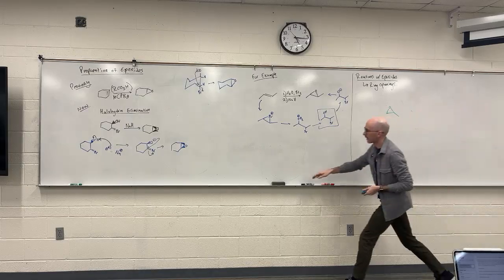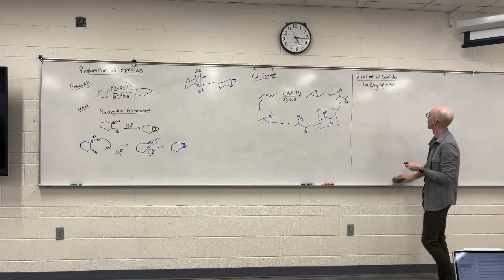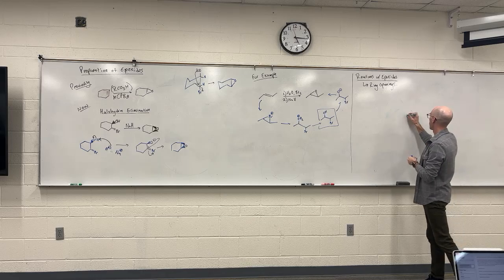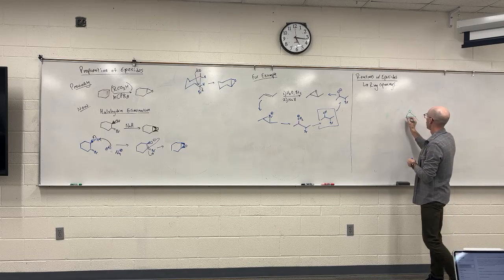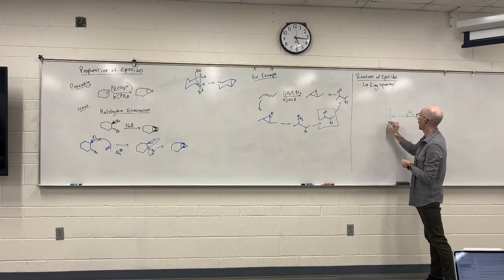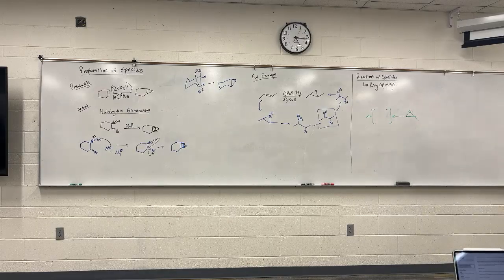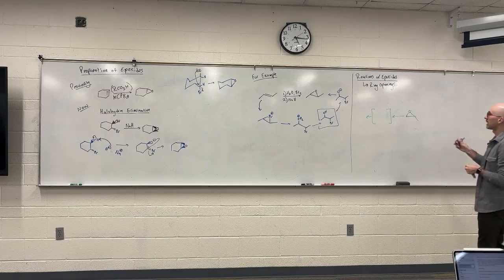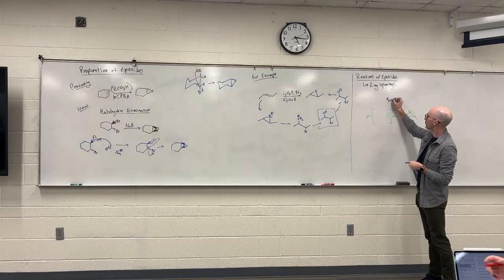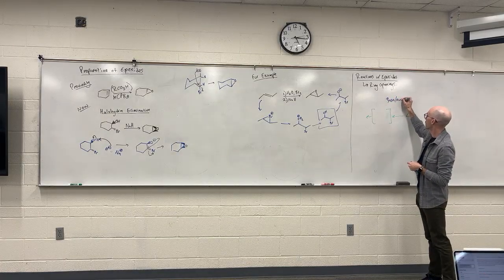Okay, we're going to look at this example epoxide and how the two different conditions change the products that we get. Here's my epoxide. And we're going to show what happens on the way to a ring opening product in basic or nucleophilic conditions.